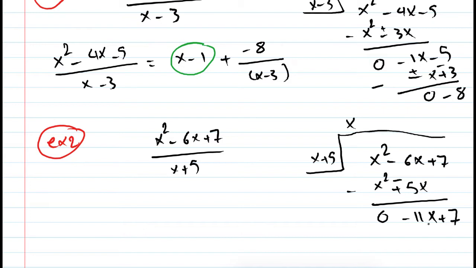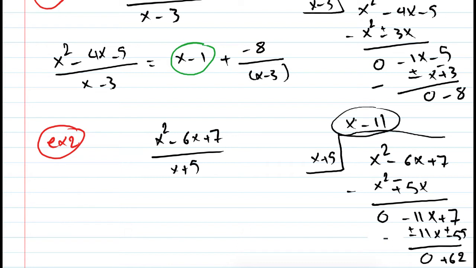So minus 11x divided by x is just minus 11. Minus 11 times x is minus 11x minus 55. We will have 0 right here, and then 7 minus minus 55 is plus 62. Okay, so x minus 11 is the quotient, and plus 62 is the remainder.